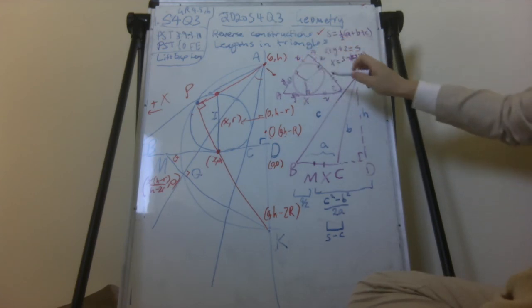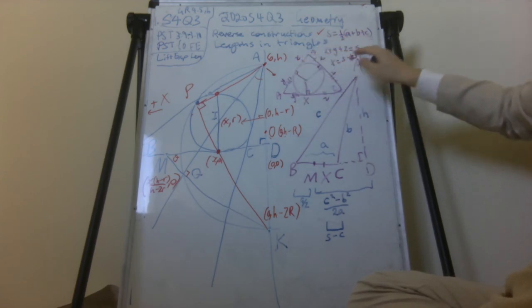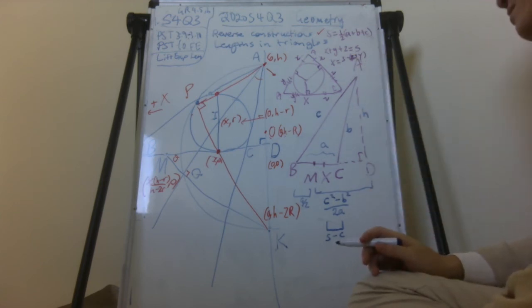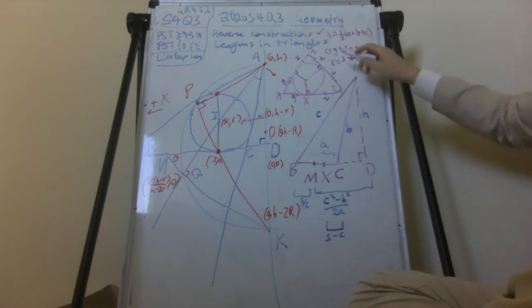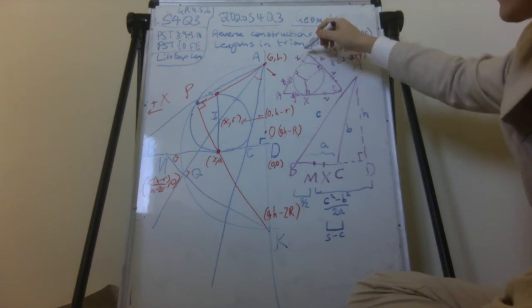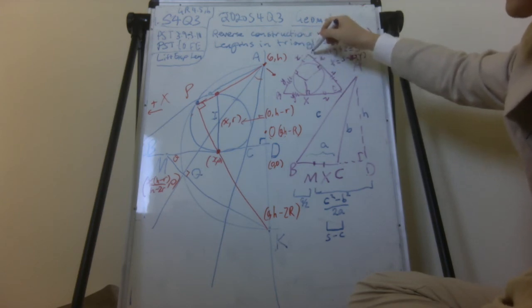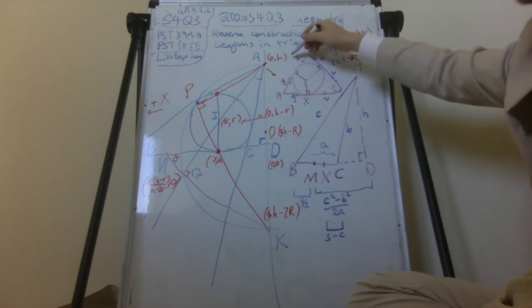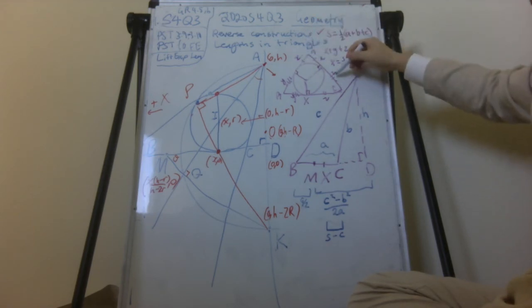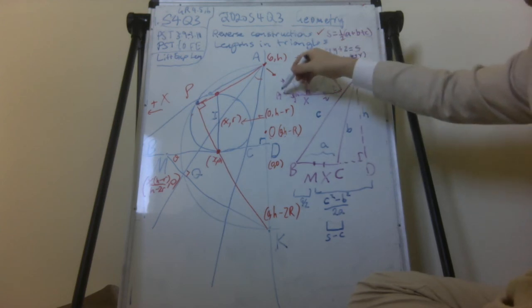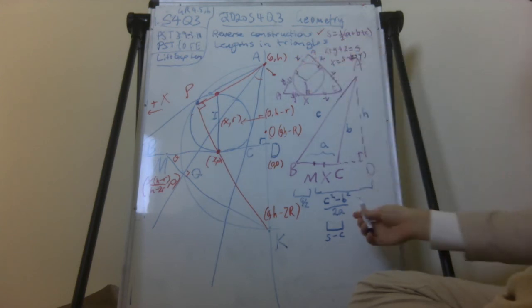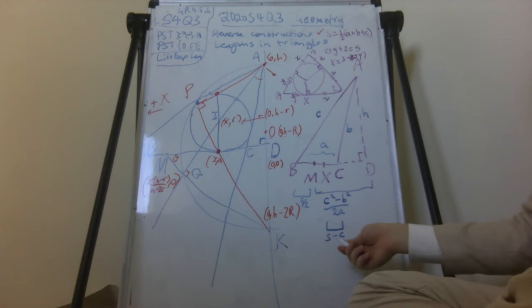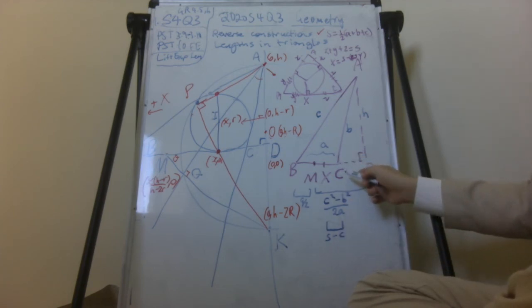So that means x is actually equal to s minus a. So basically, the conclusion is it's s minus whatever the vertex is. If it's big A, then it's s minus little a. Big C, it's s minus little c. And big B is s minus little b, right? So in this case, it's s minus little c here. This is a big C here.